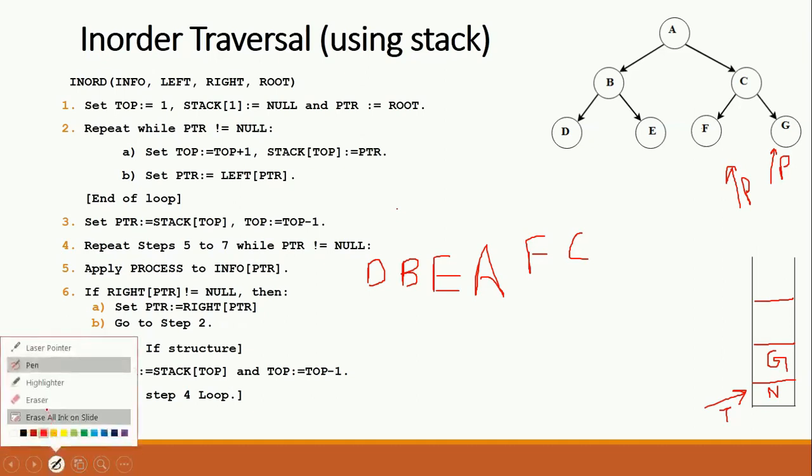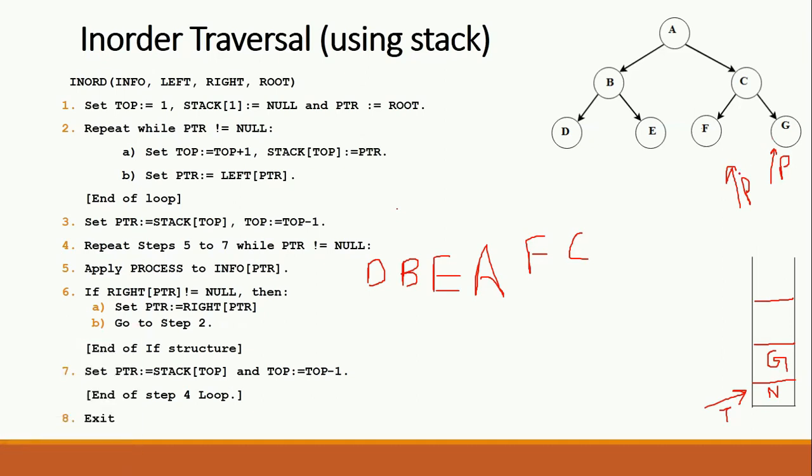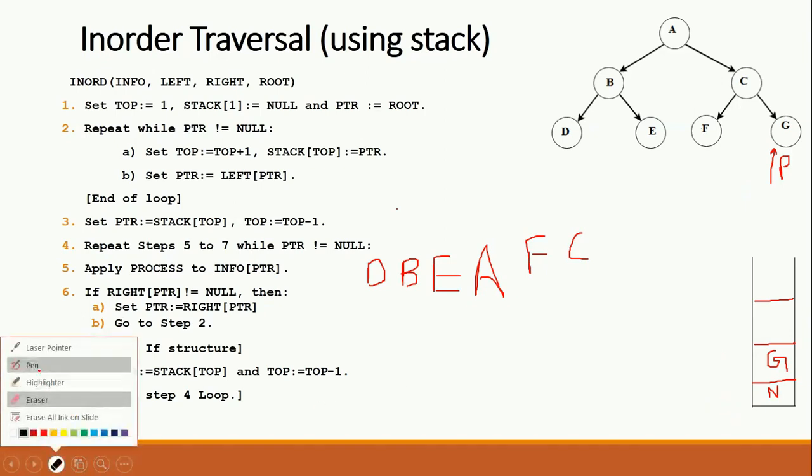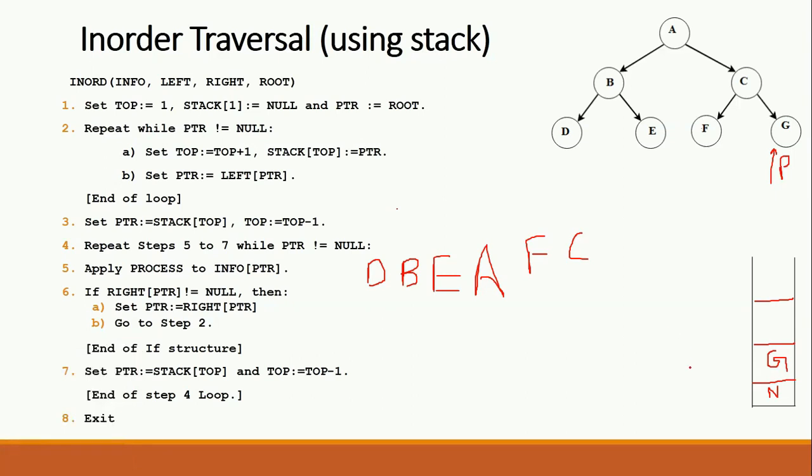Before going to step number 3, this is the current scenario. It is pointing currently to G. Now it says whatever you have in the stack top. Okay, so once I'm at G, the PTR will be pointing to null because I've already jumped to the left child.